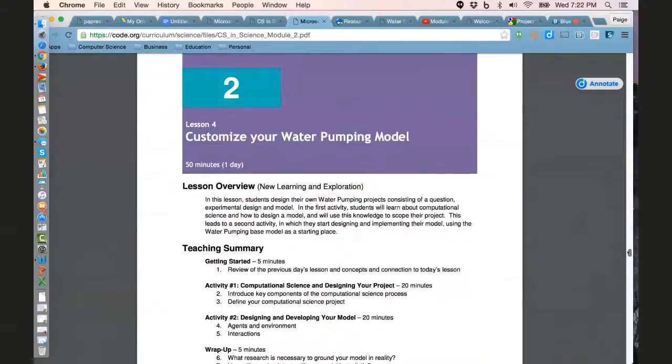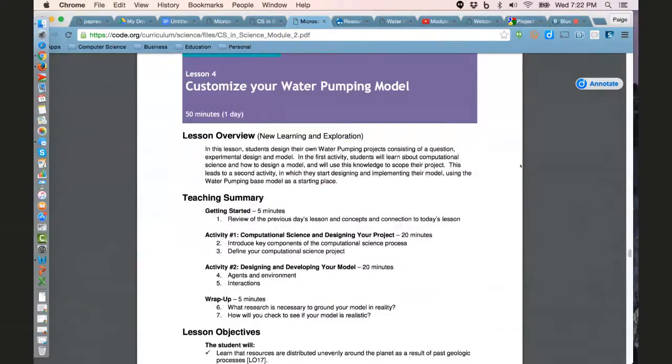So lesson 4 is the time to basically continue customizing. We've had students do asphalt layers.